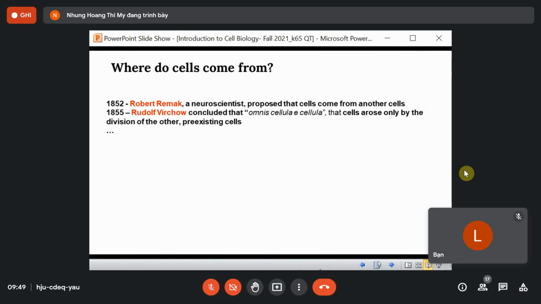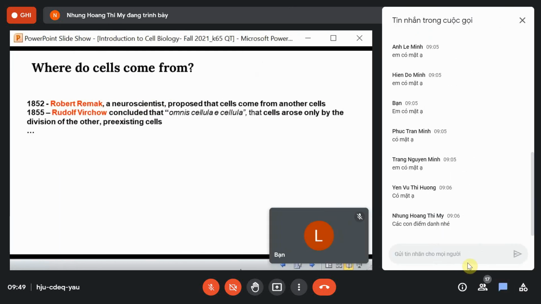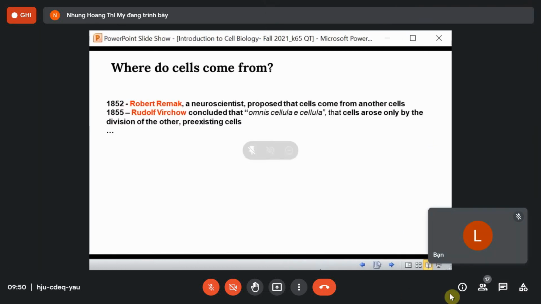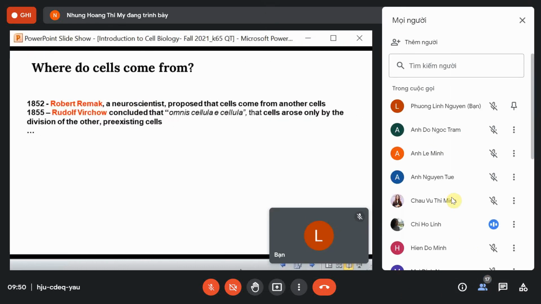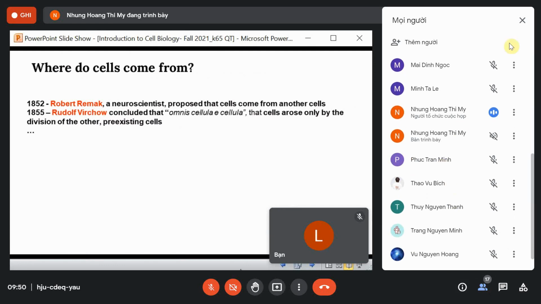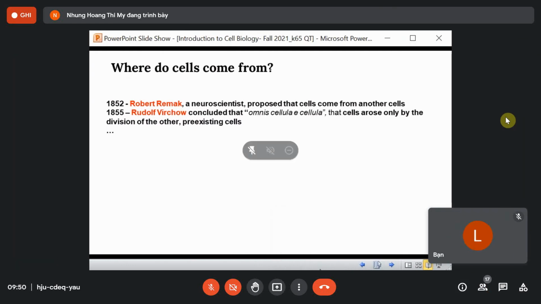We are multicellular organisms. So where do the cells come from? Exactly where do the cells come from? The cells come from pre-existing cells by cell division. Yes. Yeah. Well done.